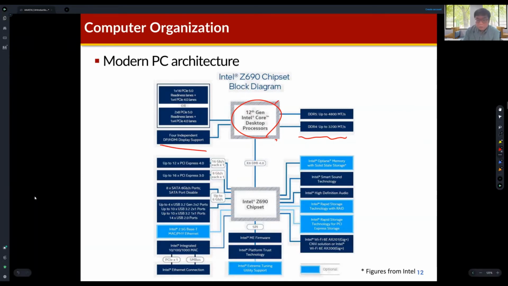For the 12th generation Intel CPU, we can use DDR5. So why do we use DDR5? To support wider bandwidth, the higher bandwidth.